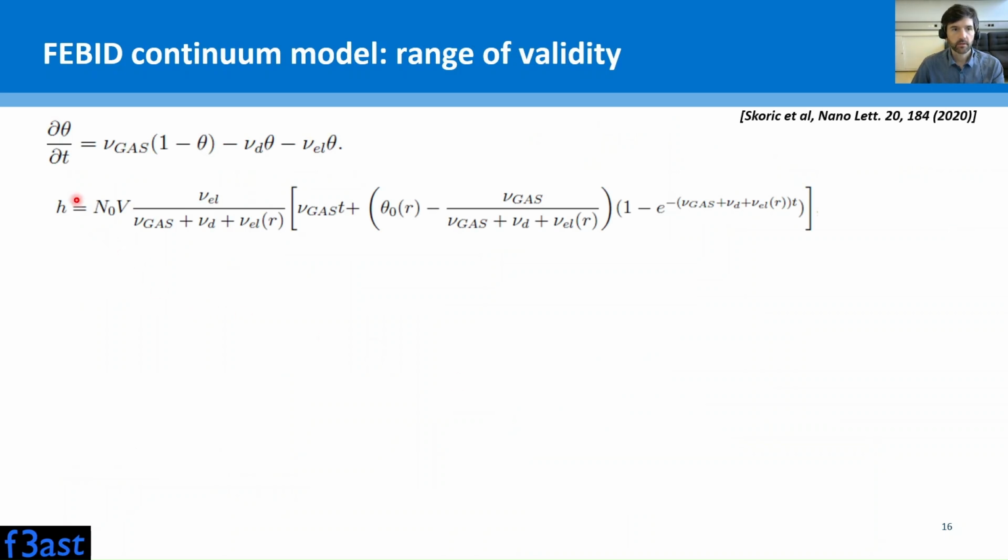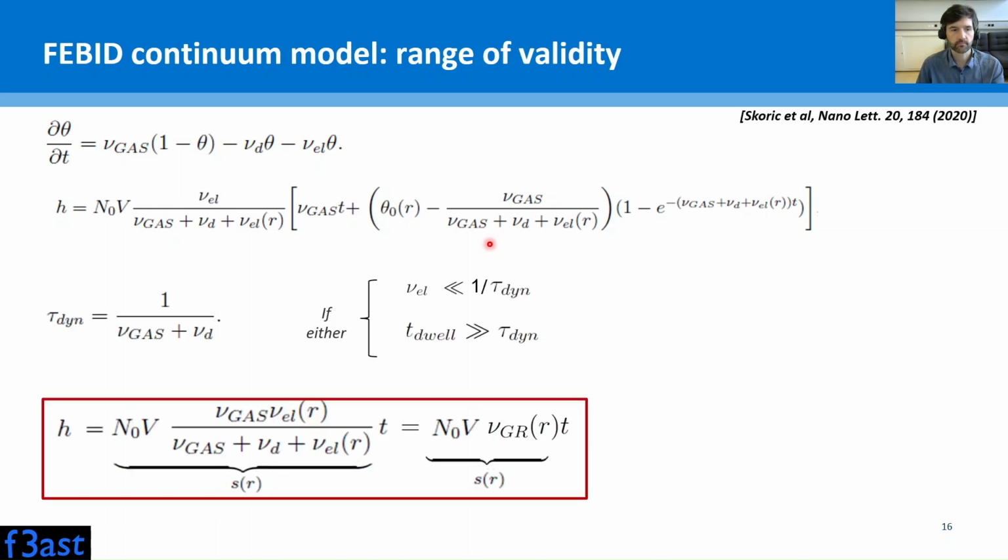So this is the equation where we have the parameters: the arrival flux, the desorption, and the electron dissociation. And in principle, if we solve for the height over time, taking into account this equation, it will be equal to this very complex expression where we see that we have a time evolution in these two factors with all the characteristic FEBIT frequencies playing a role in different parts of the solution.